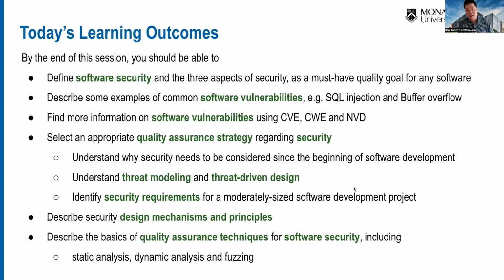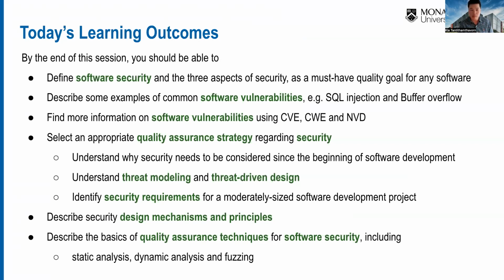Today, the learning outcome: by the end of this session, you will learn what software security is, and when software security has an issue, such a thing is called a vulnerability. We will talk about that briefly as well. We only focus on the most common types, like SQL injection and buffer overflow. If someone finds such vulnerability issues, what do people do? They report to the CVE, CWE, and what is the NVD?